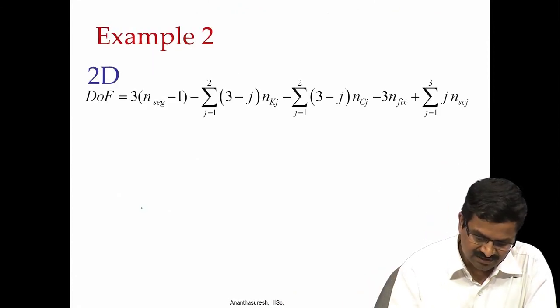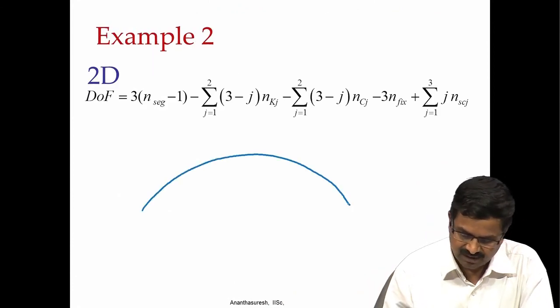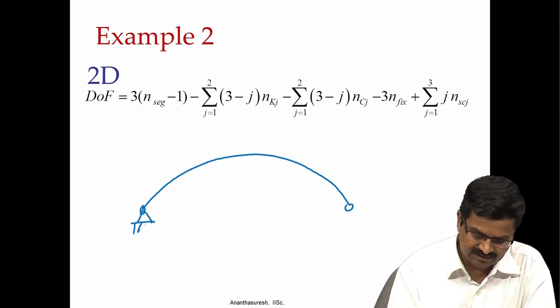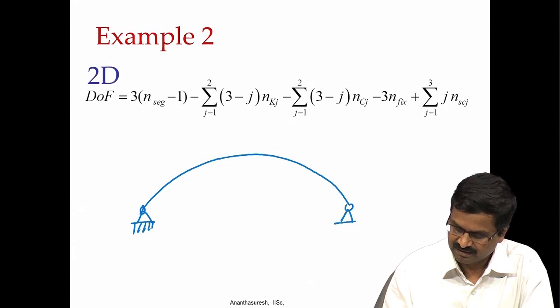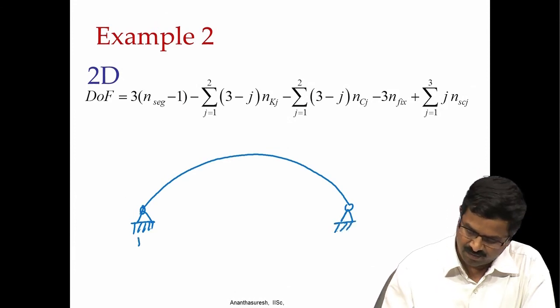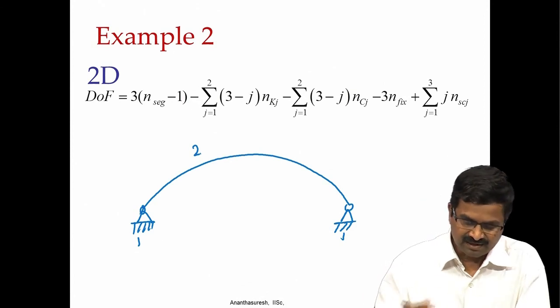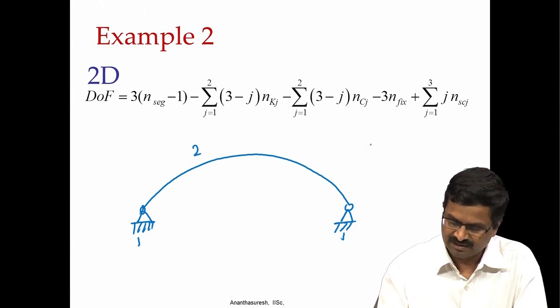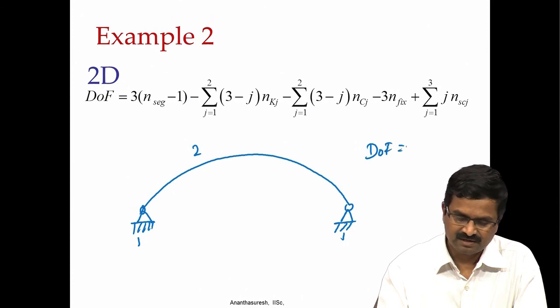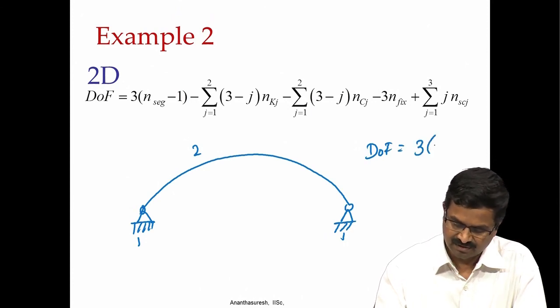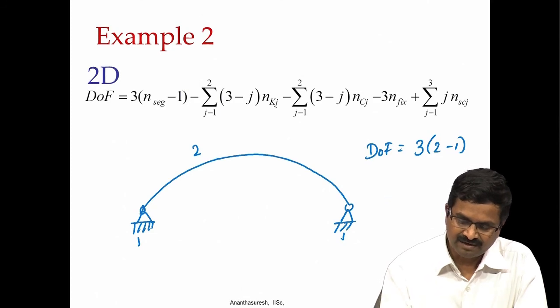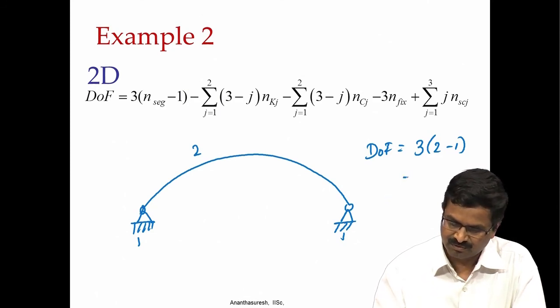Now, let us actually take an arch like that with pin joints on either side. Okay, we have 1 and then 2. Right now, if you apply this one, we have 2 segments. So, degrees of freedom for this is 3 into 2 minus 1. And then we have kinematic joints 2 of those, that will become 2 times 2.